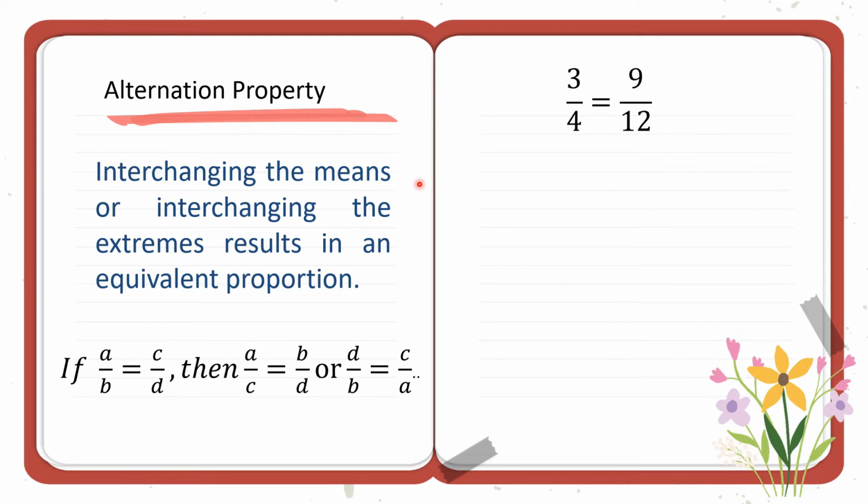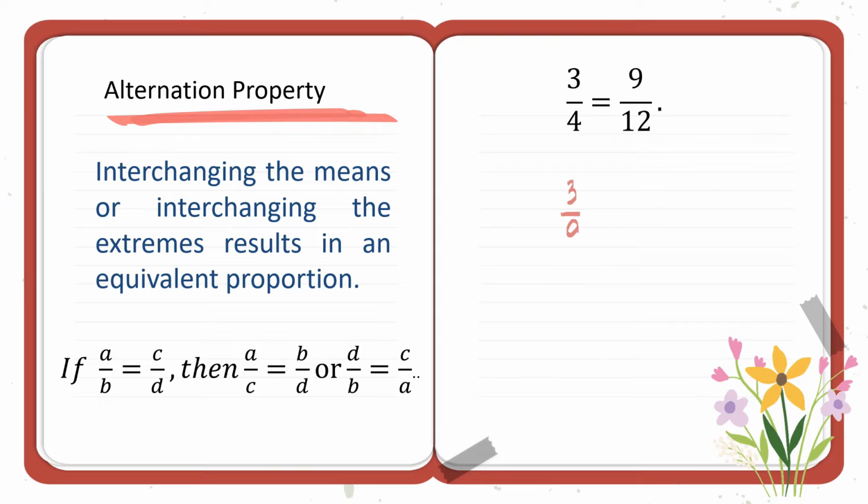Let's see. 3 over 4 equals 9 over 12. If we check that, 3 times 12 is 36, 4 times 9 is 36. Let's see if the alternation property will result in an equivalent proportion. We have A over C, that is 3 over 9.